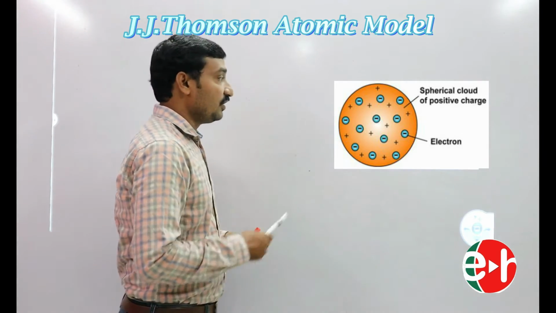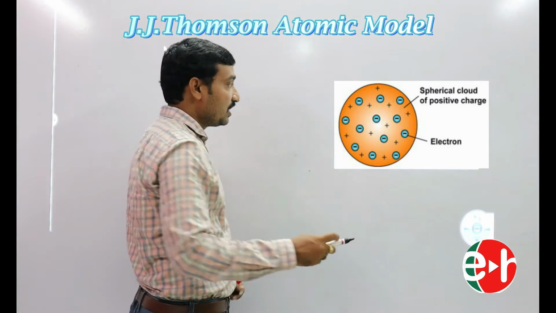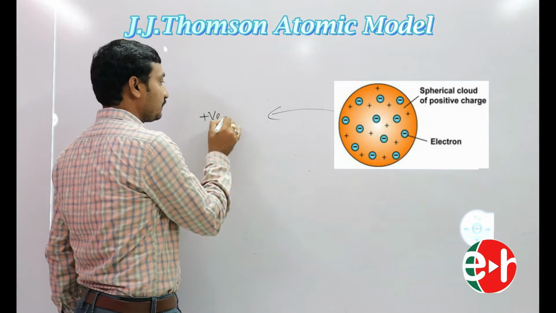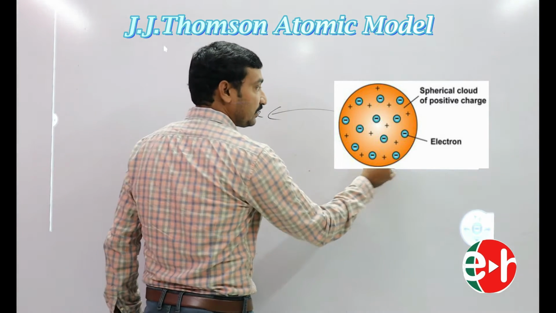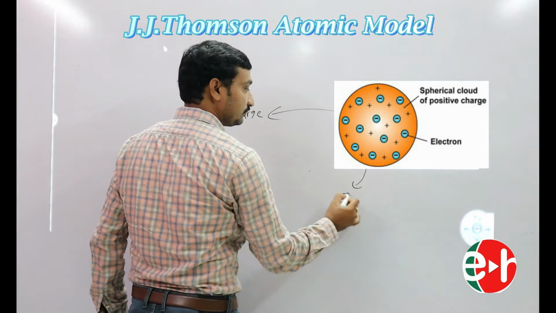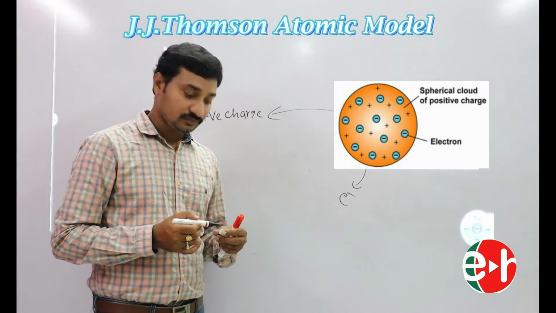See this, if you cut a watermelon, we observe the red colored part like this. This red colored part is assumed as positive charge, and these are the electrons embedded in it, like seeds in a watermelon.